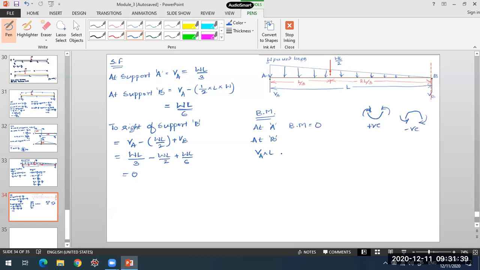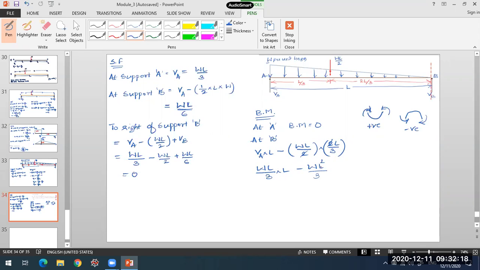So plus VA into L, and this UVL will have an anti-clockwise moment. So from that it is negative, minus this total load W into L by 2, into the distance, which is 2L by 3, since I am taking moment about this point B. So this is W into L by 3 into L minus W into L by 2 into 2L by 3, the 2 cancels, giving W L square by 3.